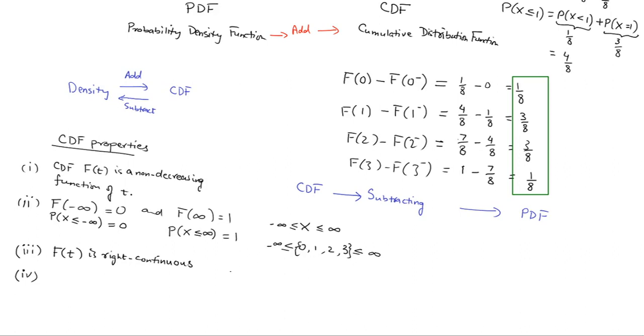Well, F of t is right continuous. What it means is that whenever you had a jump, then you chose the value that if you came from the right side, you would have reached this value. But if you came from the left side, then you would have reached this value.